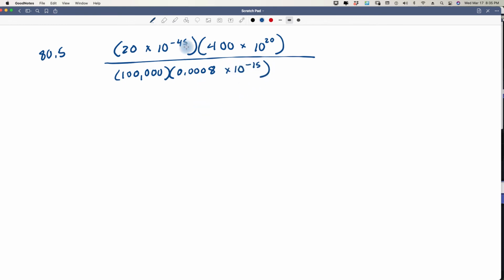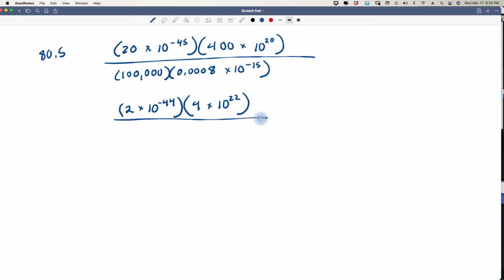All right, so let's clean up our act. Step 1, let's clean up all of our scientific notation. So this should be 2 times 10 to the negative 44. Because we made this smaller, we're going to make this smaller. All right, let's clean this one up. This could be 4 times 10, and we're going to make that 22 because that's going to be bigger.